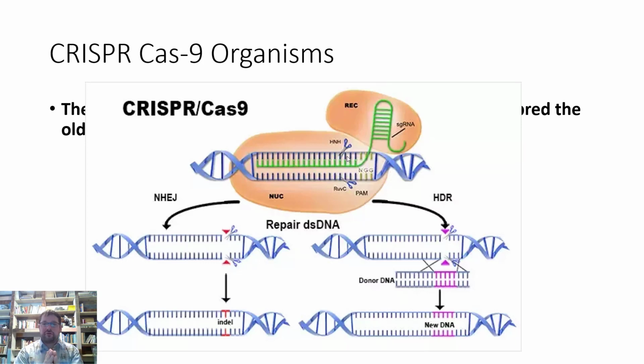Not good necessarily, but non-foreign. So that's the general mechanism. Basically, you have scissors that go through and recognize a certain region. It cuts that region out and then replaces it with new DNA to fit that region.